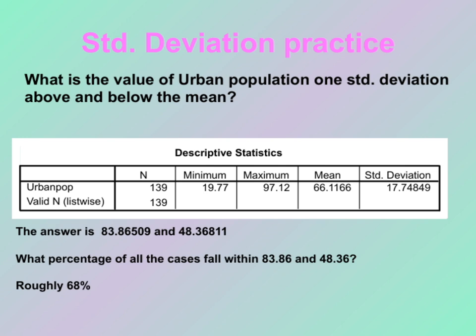By calculating one standard deviation above and below the mean, we can identify the typical range where most of our urban population data points lie. So, in essence, these figures give us a clearer picture of the distribution of our data and help us understand the variability within our urban population figures.